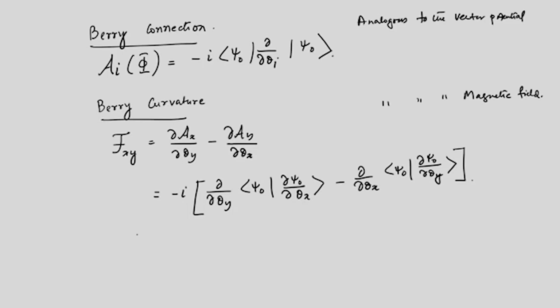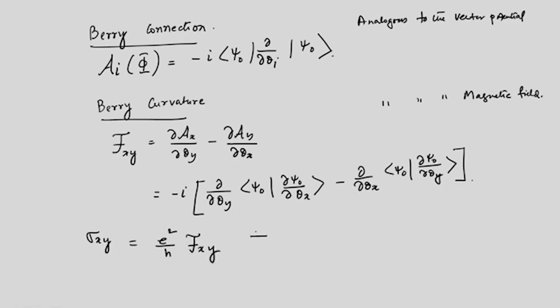And now, if you go back and take a one-to-one correspondence with the Kubo formula, then you will see that the Kubo formula, the conductivity tensor, can be written as minus e squared by h times this F_xy.